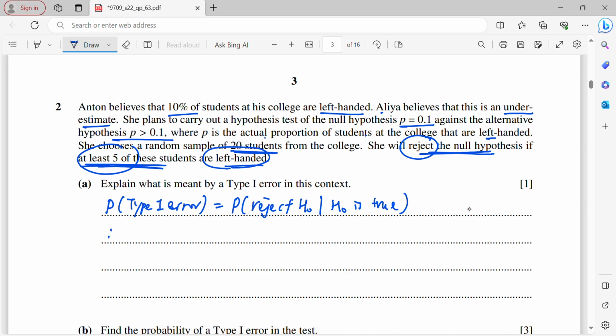So type 1 error means at least 5, reject H naught, means that more than 10% of students are left-handed, because the hypothesis test is carried out at a 10% significance level.